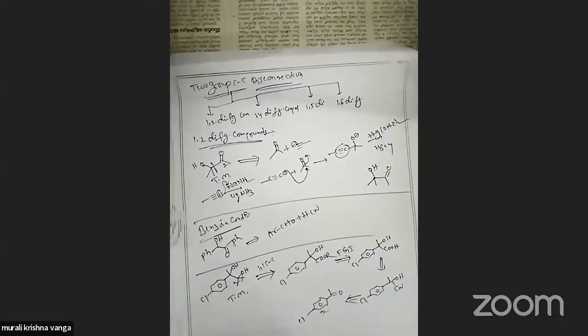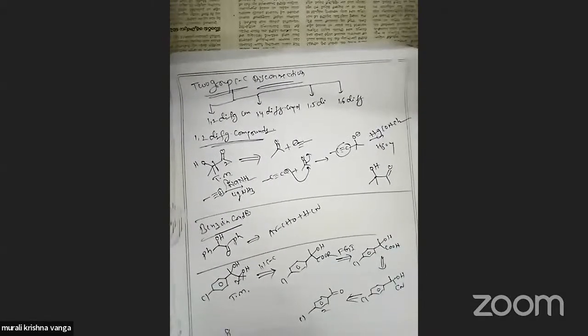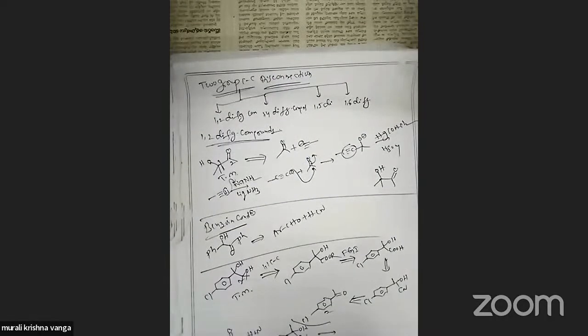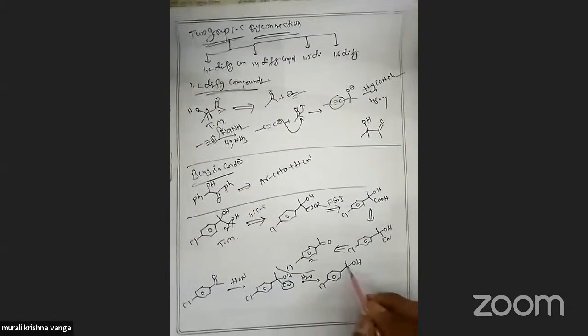Now the synthesis of this target molecule from para-chloroacetophenone. When carbonyl compounds react with CN, the products are cyanohydrins. When these cyanohydrins react with water, the cyano is converted to carboxylic acid.